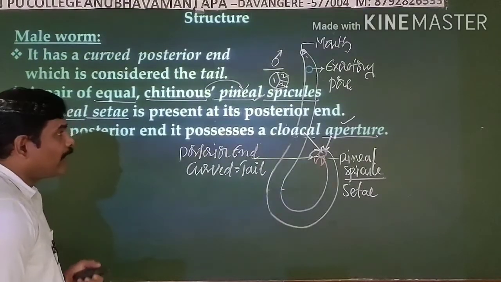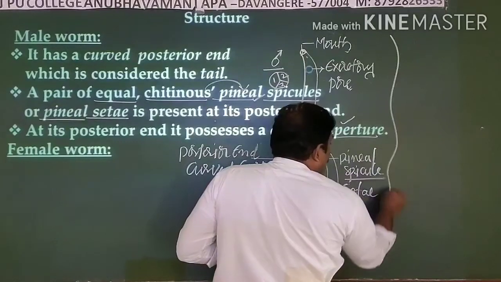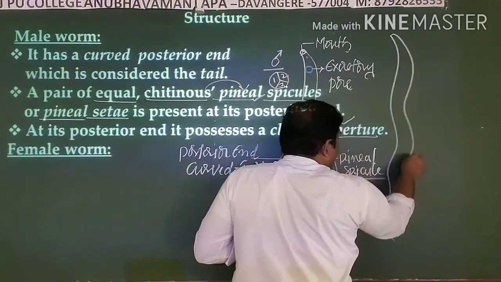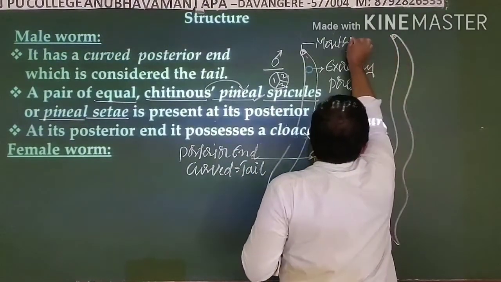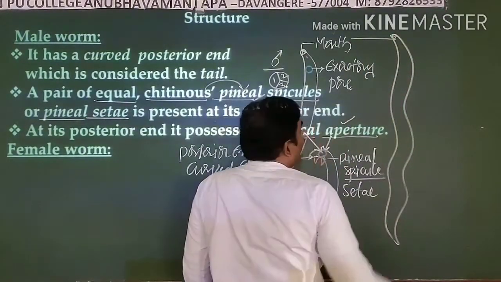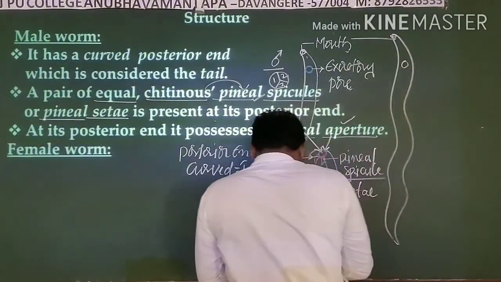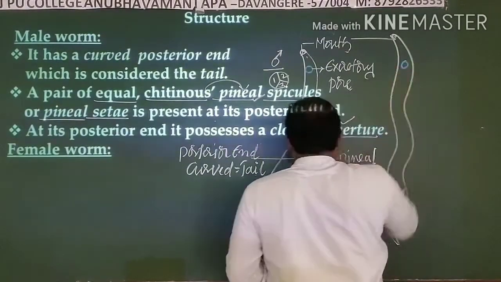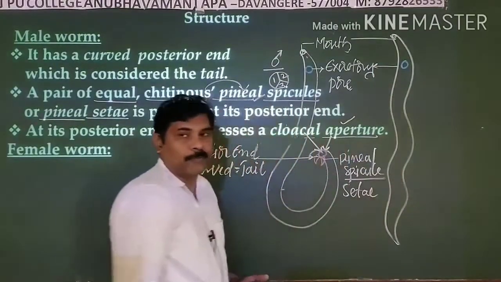Coming to the female worm, it has a long cylindrical body, and both ends, the anterior end and the posterior end, are pointed. At its anterior end you can see the mouth, and very close to the mouth there is an opening known as the excretory pore.